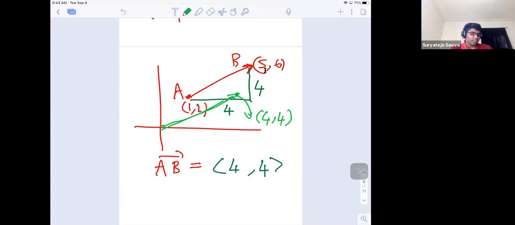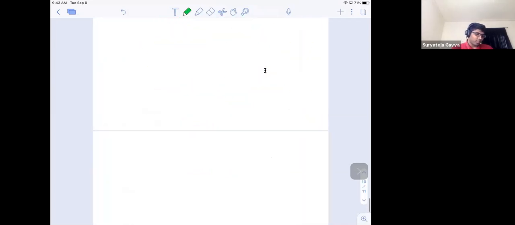If this was 0, 0, this would be 4, 4. With respect to A, B has coordinates 4 and 4. With respect to this origin, it has coordinates 5 and 6. But if A was your origin, the coordinates of B would be 4 and 4. Okay, so let me do one.